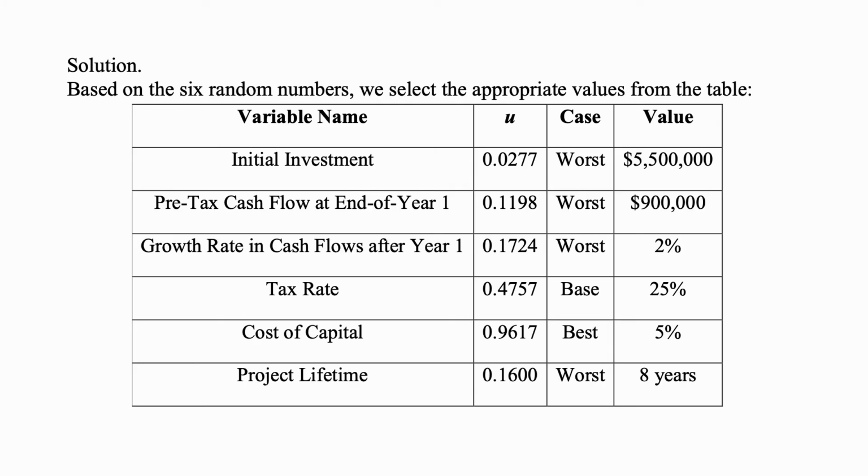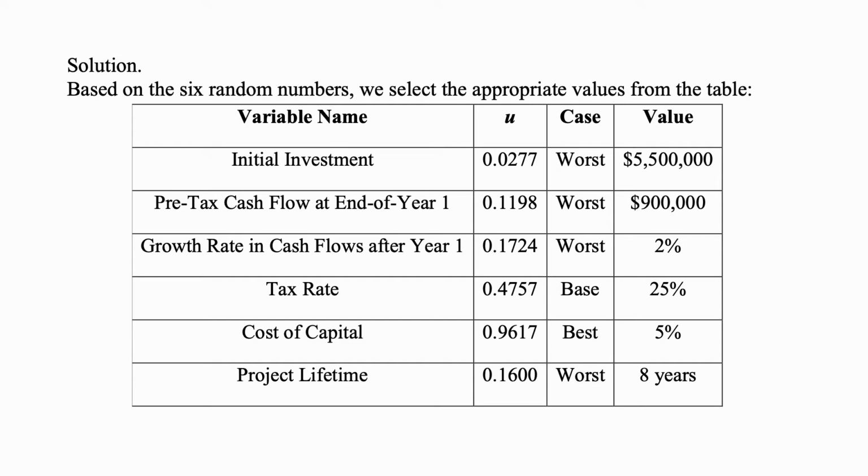And here's the solution. So we have these 6 random numbers, and we use them to simulate the values of the variables. For u, we have the initial investment under worst case scenario, and the value is 5,500,000.